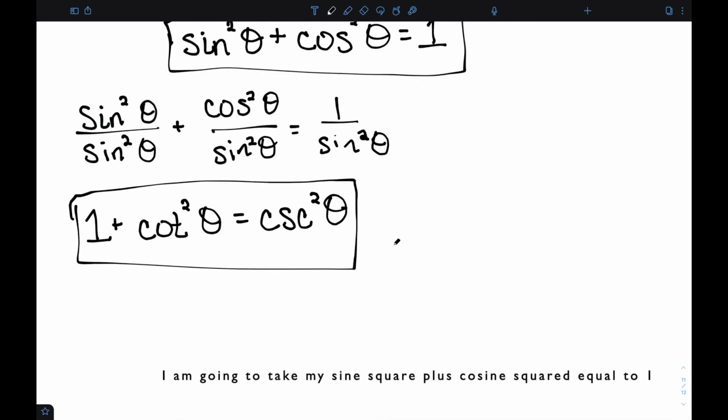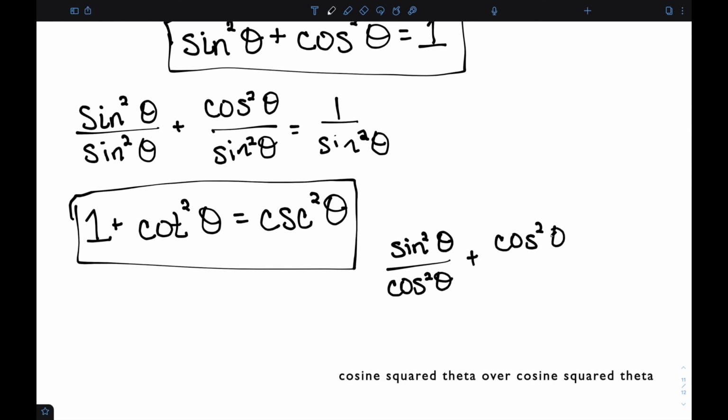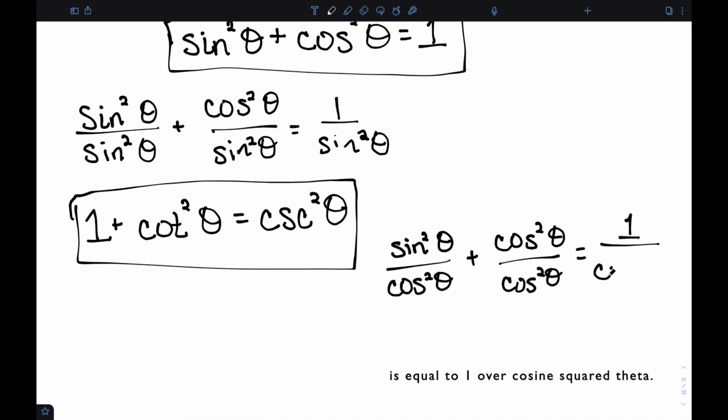I'm going to take my sine squared plus cosine squared equal to 1 and divide everything by cosine squared theta. So I have sine squared theta over cosine squared theta plus cosine squared theta over cosine squared theta is equal to 1 over cosine squared theta.